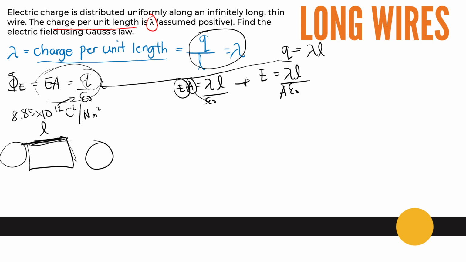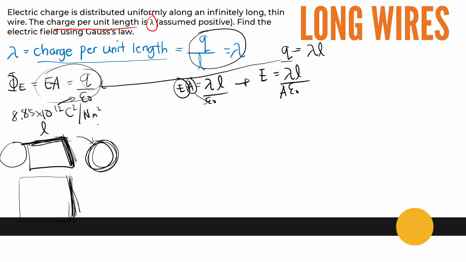Ang hindi mo alam is gaano kahaba tong width niya. Pero actually, alam mo talaga dapat yan. Bakit? Kasi yung isang cylinder is para lang siyang isang mahabang rectangle na binilog mo. Ibig sabihin, yung na-form ko na bilog is the circumference of my circle.